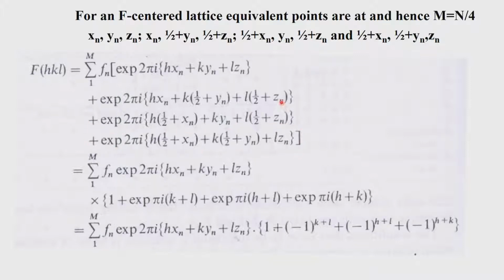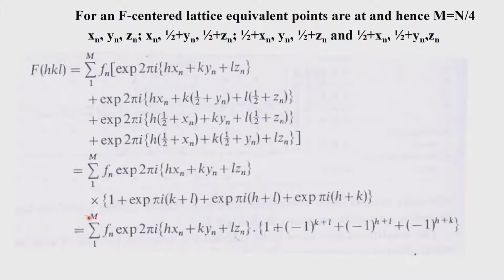So the A face is centered, the B face is centered, and the C face is centered, and therefore the expression now becomes the sum over 1 to m of the term associated with xyz, which is taken as a common factor from all these 4, just as we did in the case of the C centered. We have more expressions here, and that becomes 1 plus exponential of (k plus L), (H plus L), (H plus k).